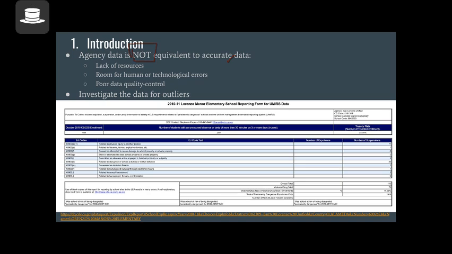There is so much data gathered by these organizations that they don't have the infrastructure or resources to check the quality of the data or to check for any errors. There is room for error in something as simple as entering data, or there could be some technological errors. The problem is that government agencies do not have good quality control measures to look for errors in the data.